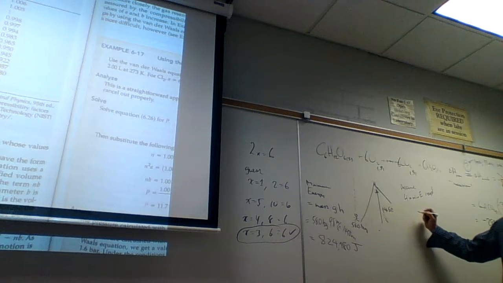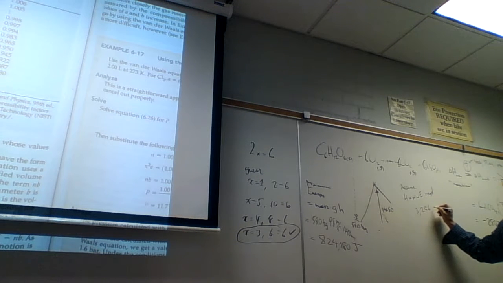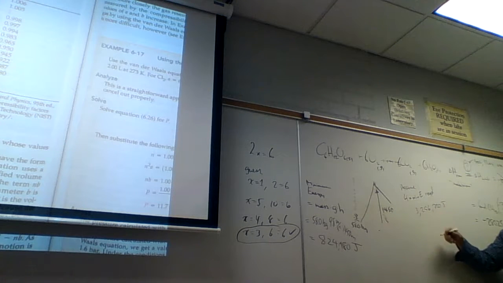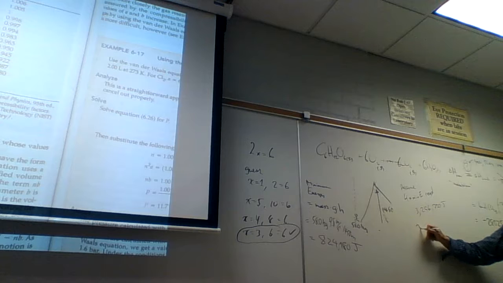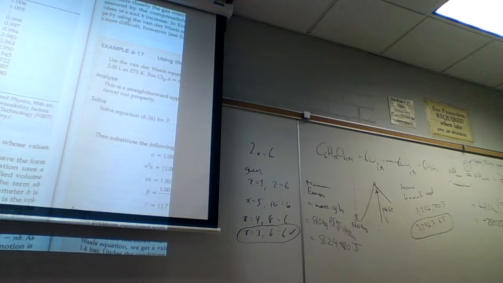All right, go ahead and give me the full number. 3,296,720 joules. And so we're going to convert this into kilojoules. This would be 3,296.7 kilojoules. That's the amount of energy required.